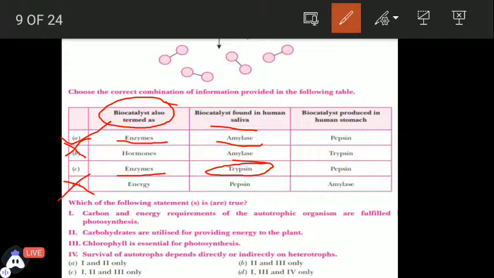Third, chlorophyll is essential for photosynthesis. Or fourth, survival of autotrophs depends directly or indirectly on heterotrophs. So which of these statements is true? Okay, think. Is it first and second only? Second and third? First, second and third? Or first, third and fourth?